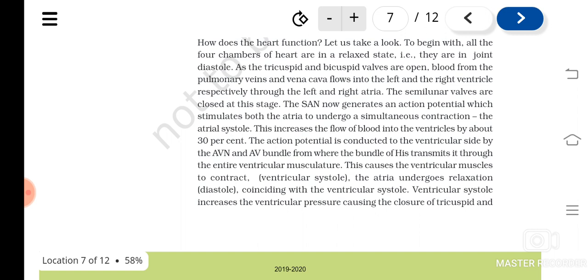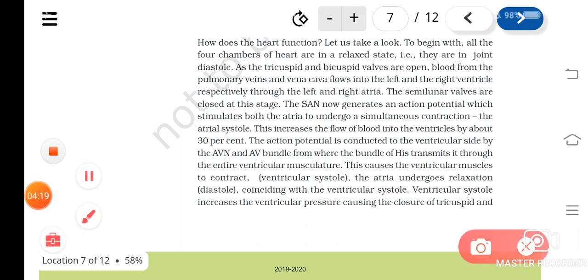So, first, when all four chambers of the heart are in the relaxed state, the bicuspid and tricuspid valves will be opened, and the semilunar valves will be closed. At that time, the veins bring blood into the auricles, and an action potential develops in the SAN that stimulates the atria to undergo contraction. That is known as atrial systole.